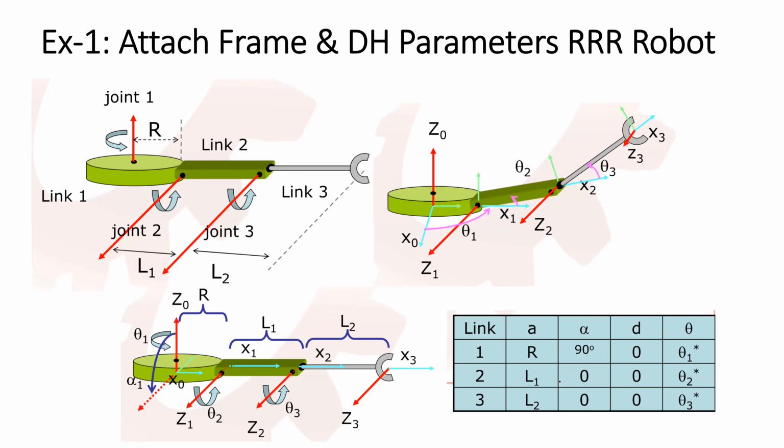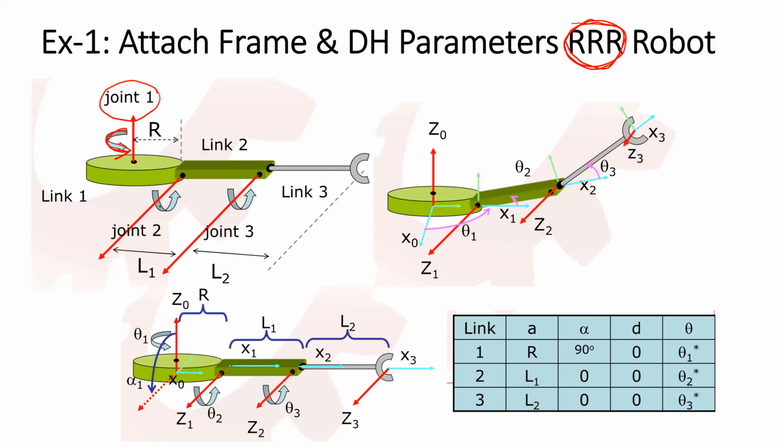And this robot is a 3-revolute joint robot. We have the first joint here to rotate the robot about the vertical axis.